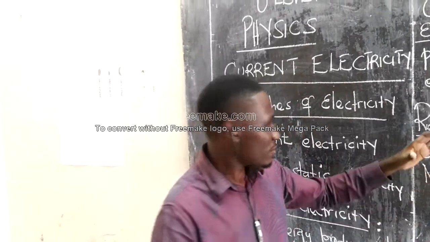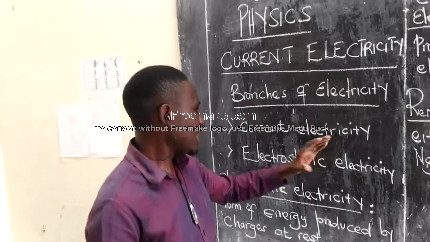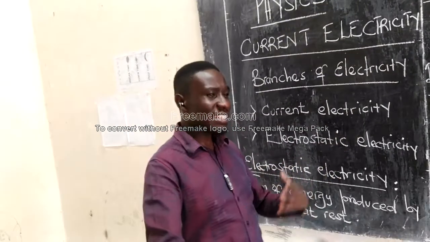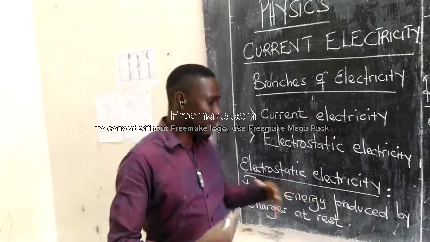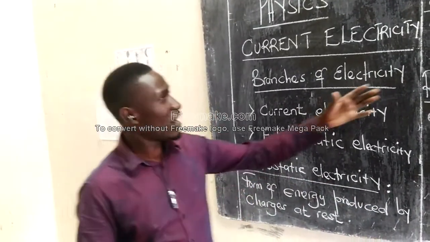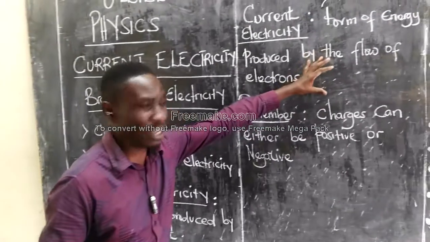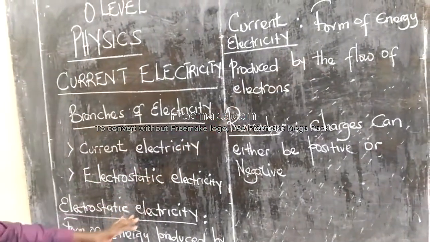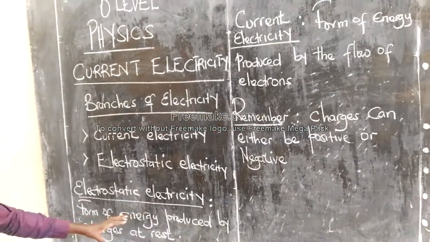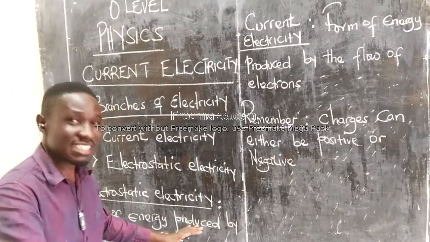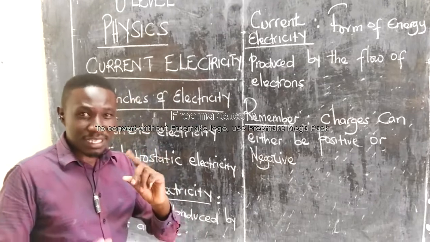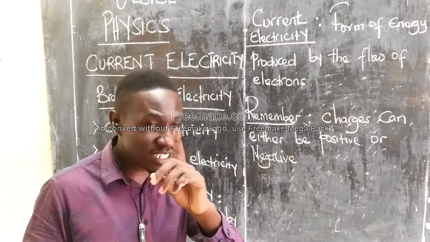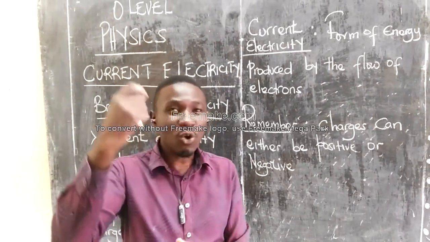So therefore, current electricity is simply the form of energy that is produced by the flow of electrons. When it comes to electrostatics, we are looking at the study of charges that are at rest. Remember, children, that charges can be either positive or negative.